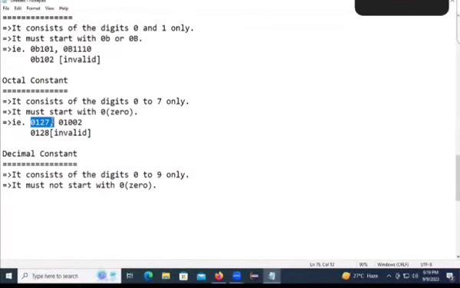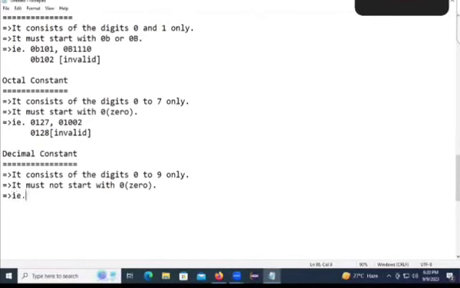You might think 0127 is the same as 127. No. It is in octal form. If you convert it to decimal, you get a different value. So this is not a decimal value, it is an octal value. So it must not start with a 0.